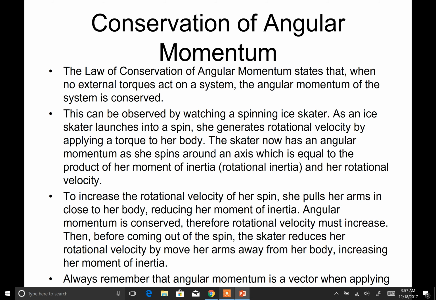To increase the velocity, she pulls her arms in. By pulling her arms in, some of her mass is moved closer to the rotation axis. This decreases her moment of inertia. When her moment of inertia decreases, her angular velocity must increase because angular momentum is conserved.